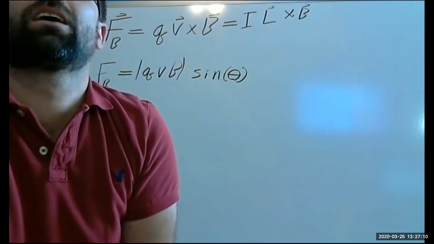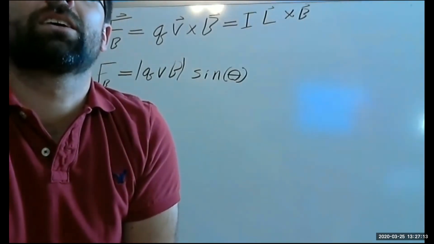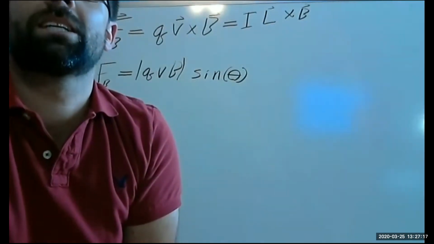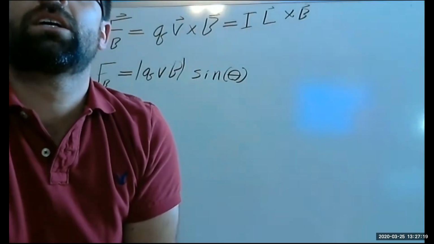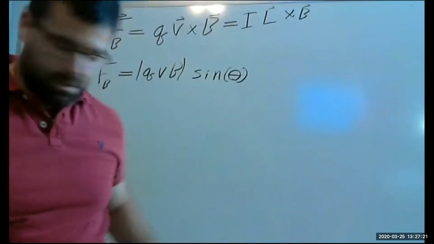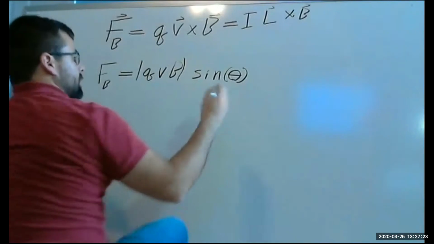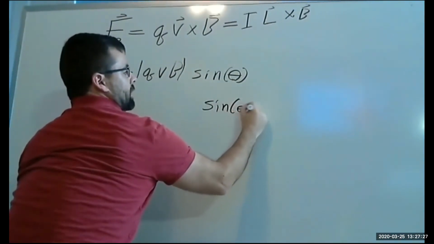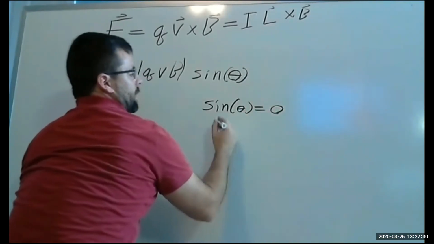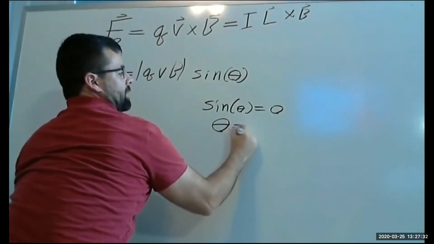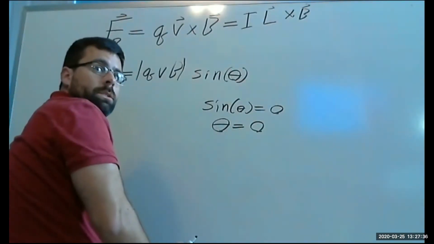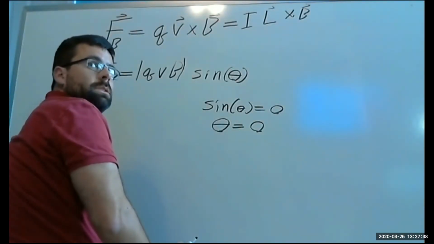Theta has to be 0, right? Well, no, what theta is can be 0. Great answer. So, sine theta equals 0 means theta is 0. But what else could theta be? 2 pi, I guess.